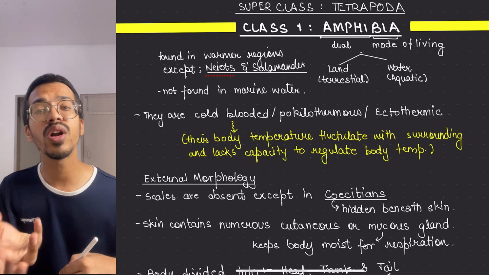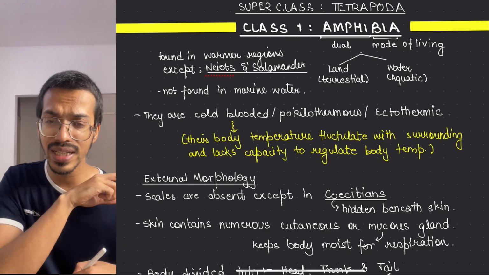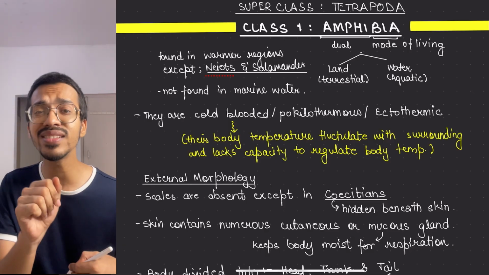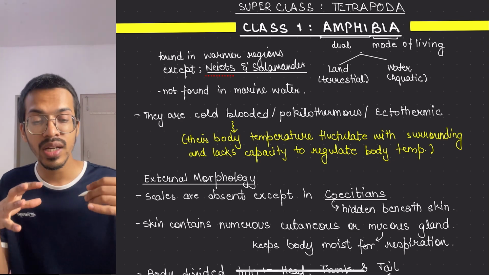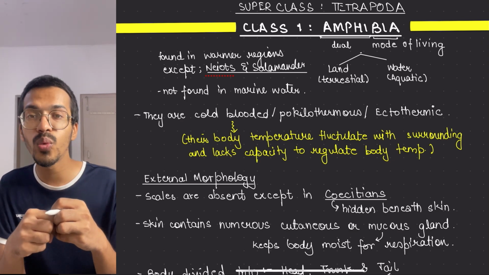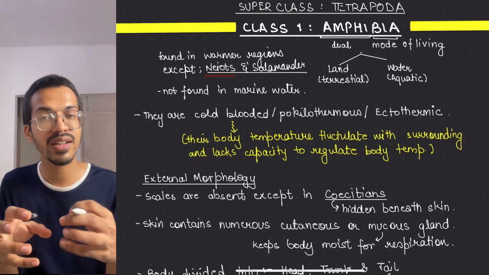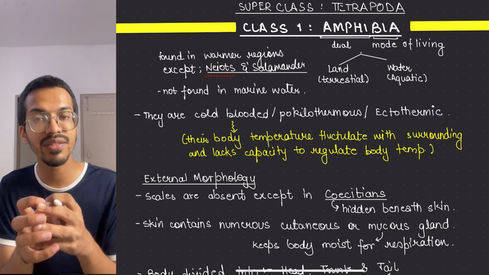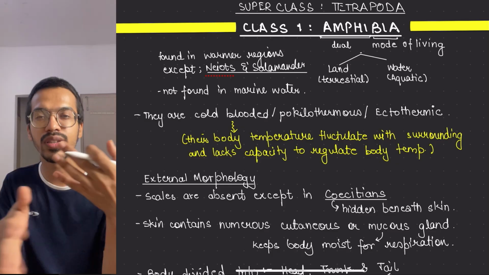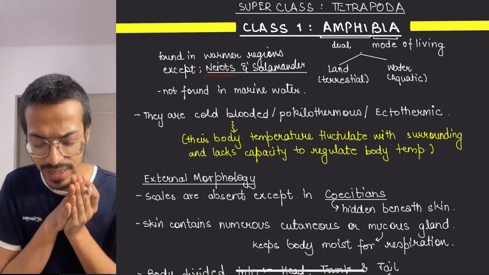Why do they go into the aquatic environment? For fertilization purposes. The male and female go into the water, and over there they release their gametes into the water medium, where they mix, and then the next generation forms.